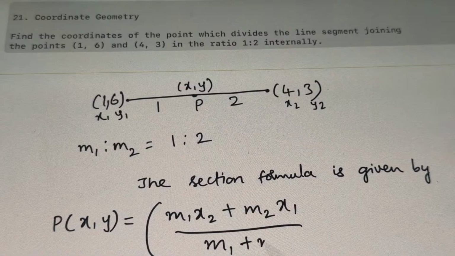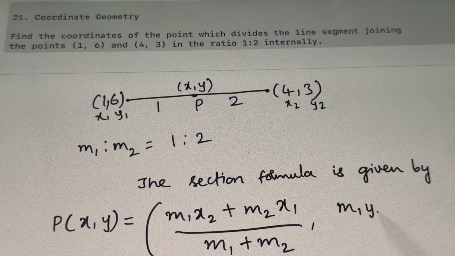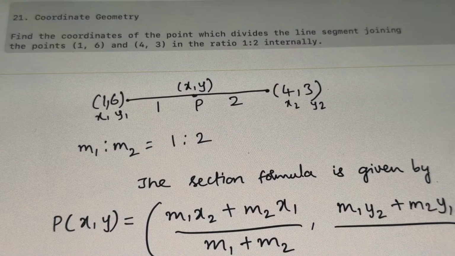This is the first coordinate. For the second coordinate, we have m1 into y2 plus m2 into y1 divided by m1 plus m2.